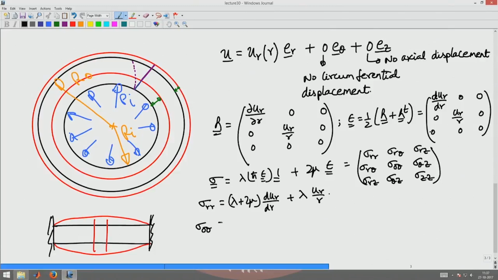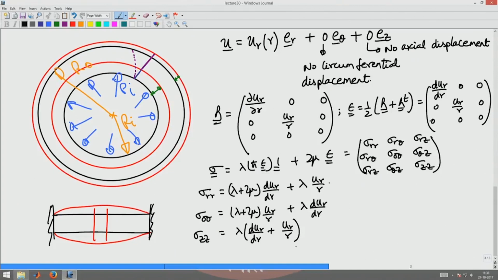Similarly, sigma theta theta would be lambda plus 2 mu u r by r plus lambda times du r by dr, and sigma z z would be lambda times du r by dr plus u of r by r. Okay. Now I substitute these expressions into divergence of sigma equal to 0.